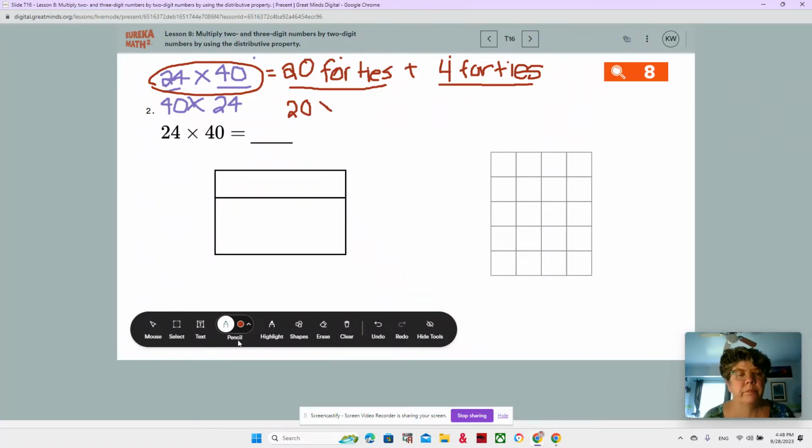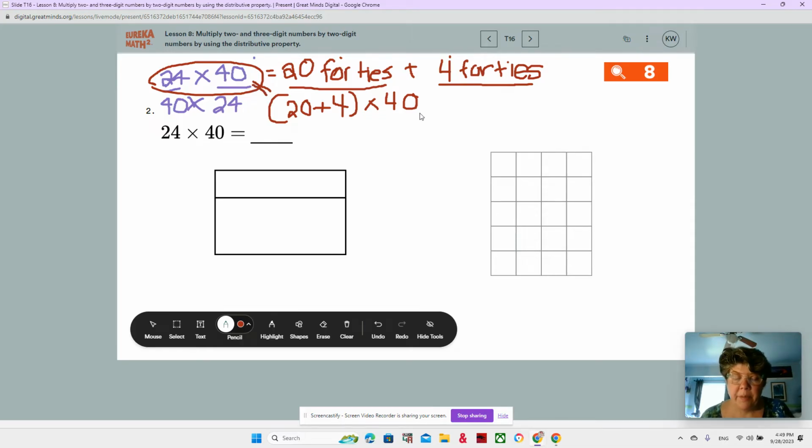Whoops. Where's my eraser? There it is. Erase. There we go. All right. And back to our pencil. 20 plus 4. We'll put that in parentheses. Times 40, right? So 24 times 40 is also equal to 20 plus 4 times 40.